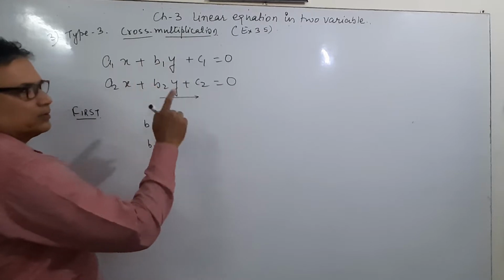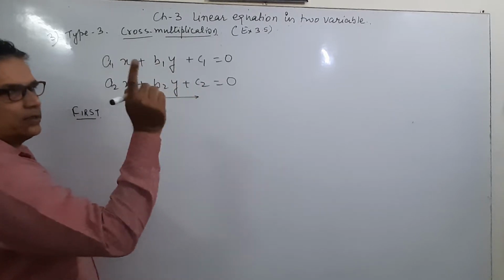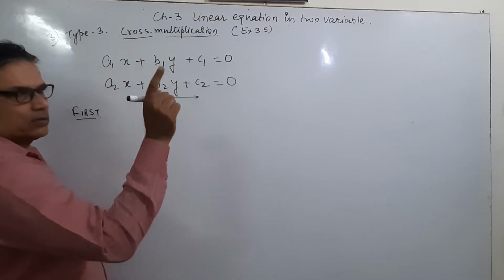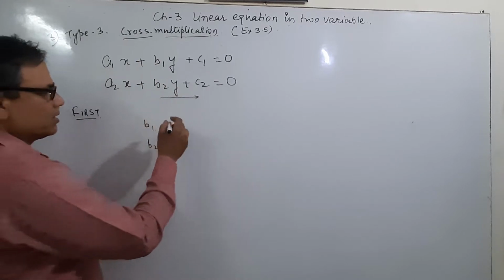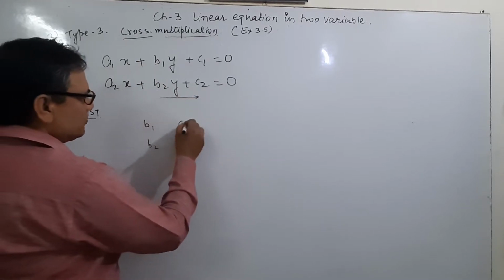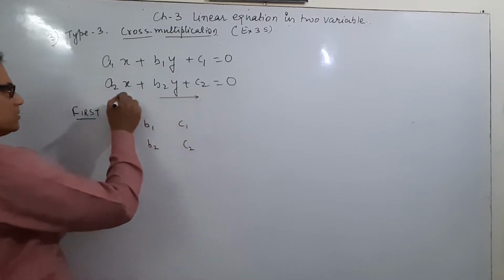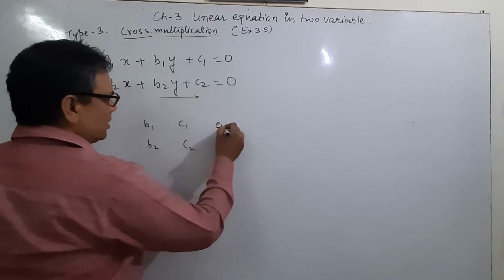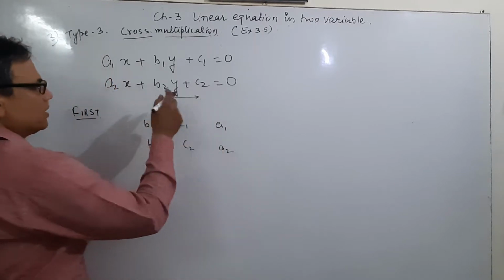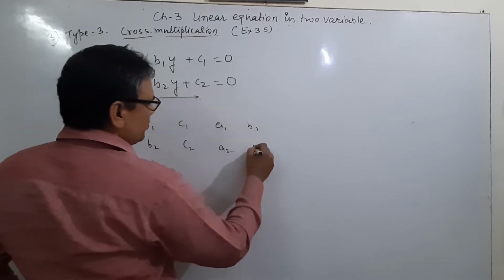You have to move in what direction? Anti-clockwise, not clockwise. So then b1, then move to c1, c2, and after that you have to pass a1, a2, and then again b1 and b2.